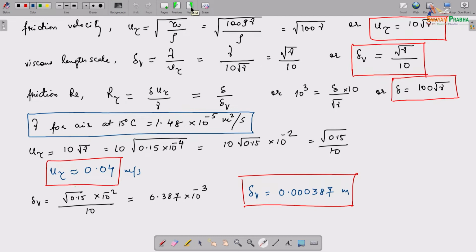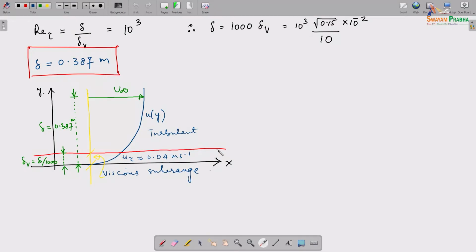So for the friction layer, or the inertial layer or the viscous sublayer that we have in the boundary layer, we have found out its thickness, we have found out the velocity in that, and the Reynolds number is of course given. So let's write that down as well.